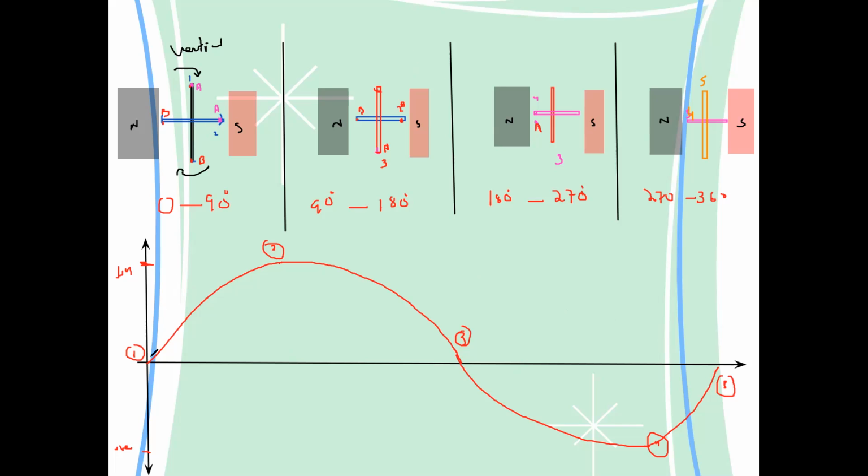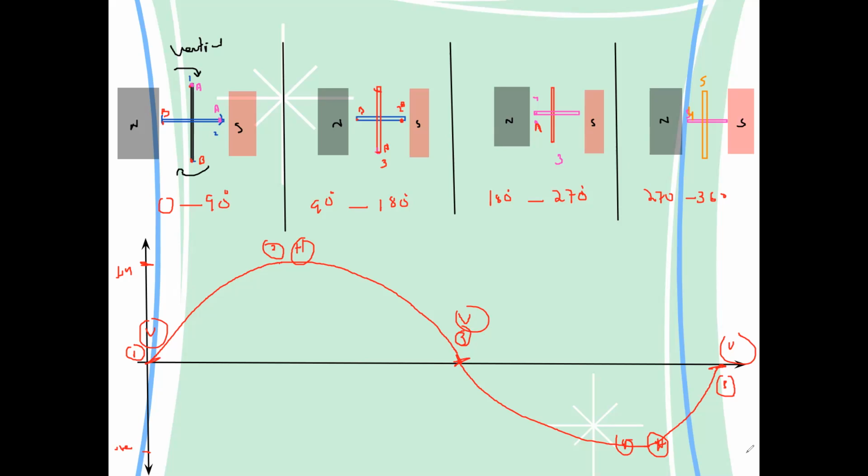And when you have zero voltage, like at position 1, position 3 and position 5, it means the coil is vertical. And when you have maximum voltage, it means the coil is horizontal. So at horizontal positions, maximum voltage will be there, and at vertical positions, minimum voltage will be there.